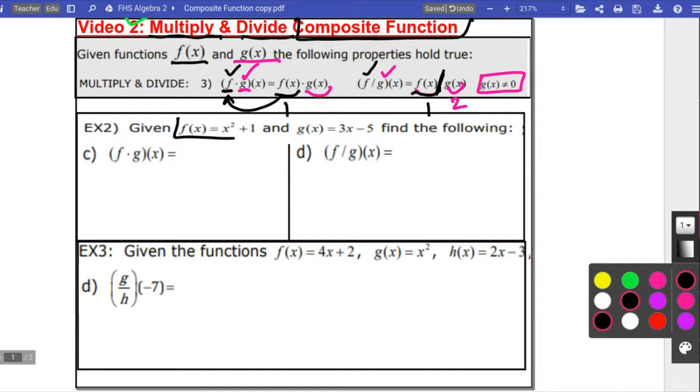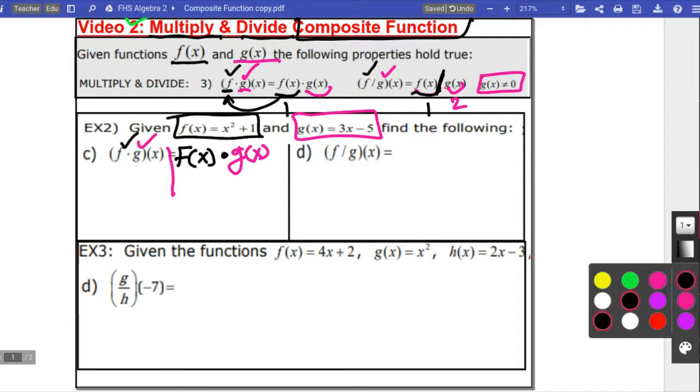Here we go. f of x is right here. g of x is right here. So this one will be written like this: f of x, check, times what? Times g of x, check.